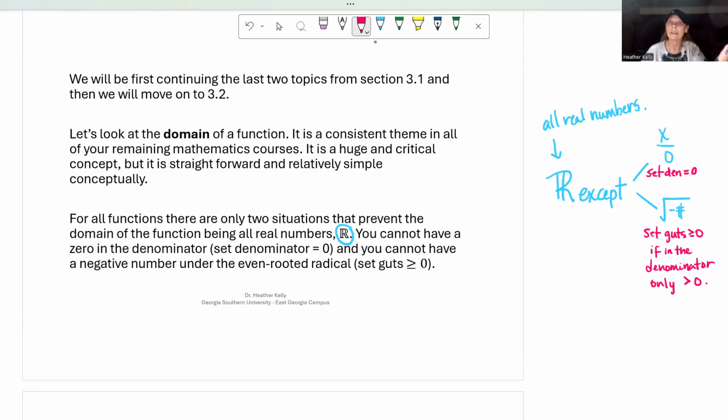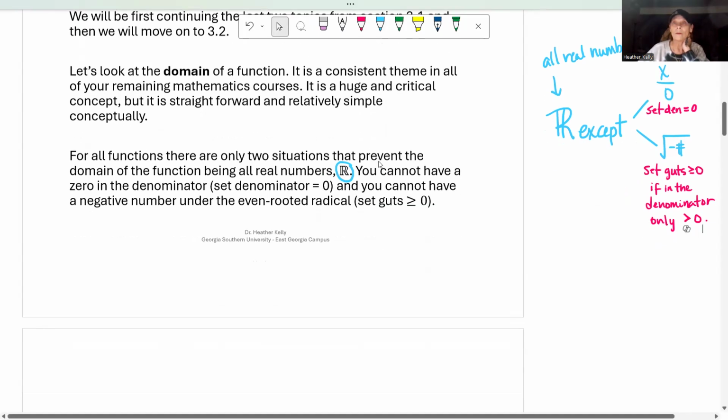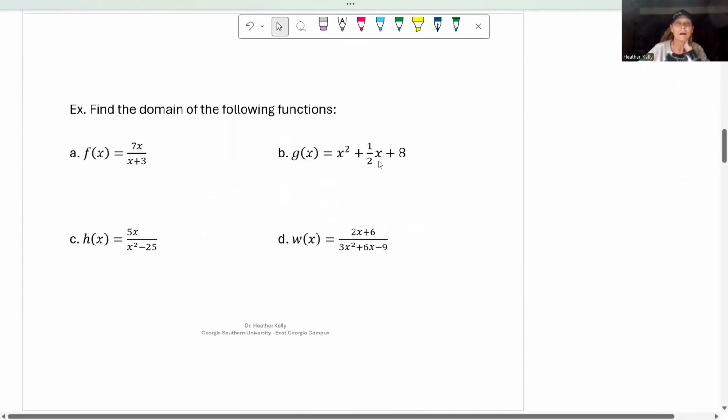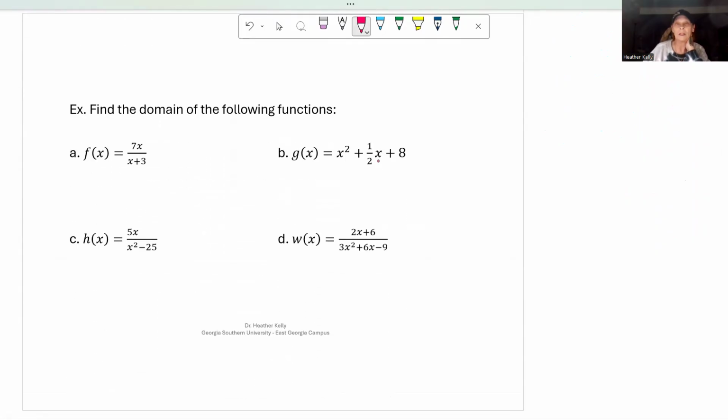And now let's see what the domain is for these guys. Okay. All right. So again, I'll remind you that it's all real numbers except x can't be a zero in a denominator, and we can't have a negative number under a square root. Okay.